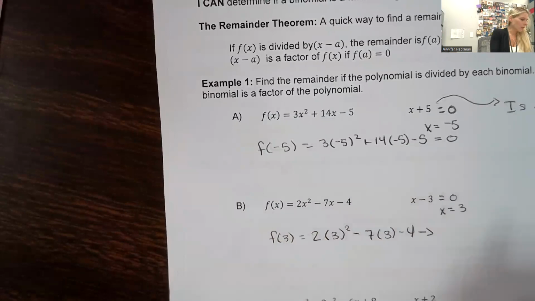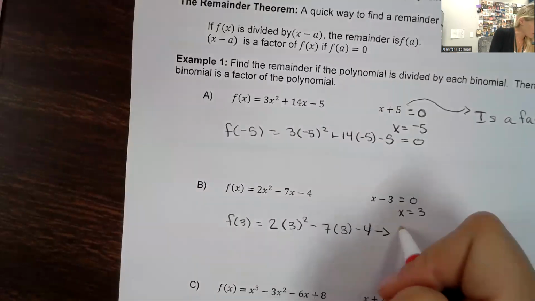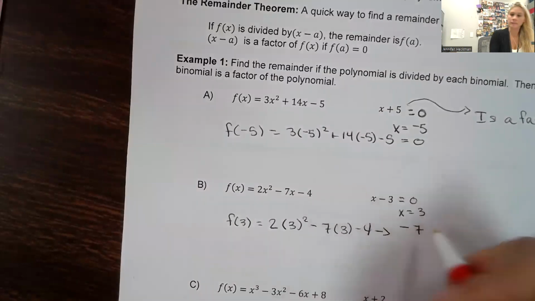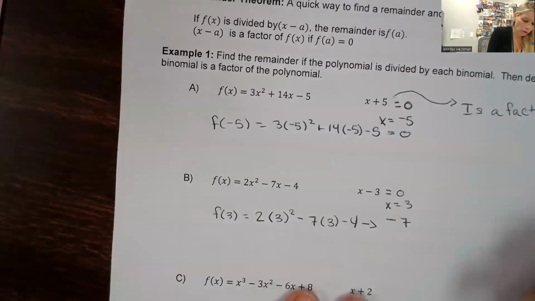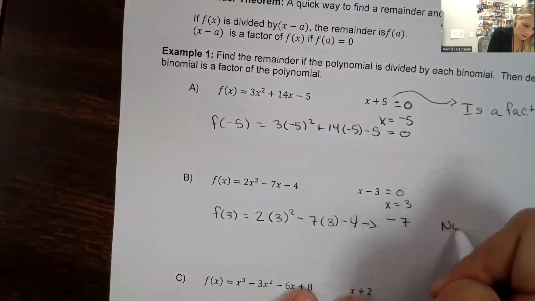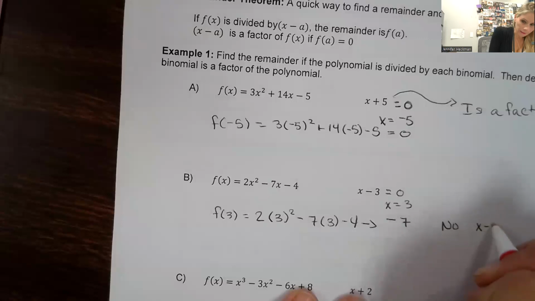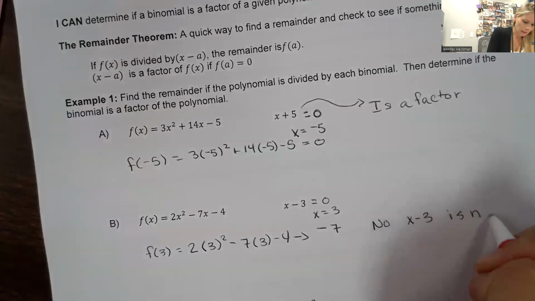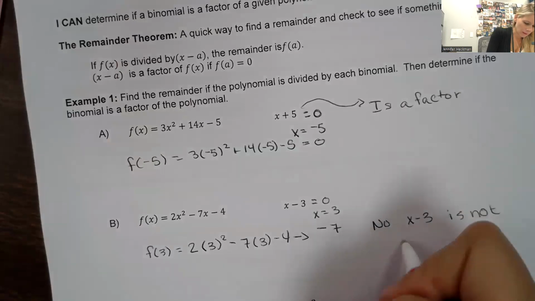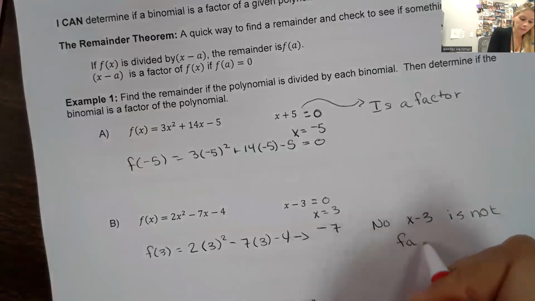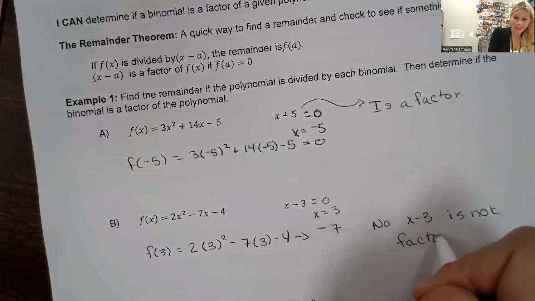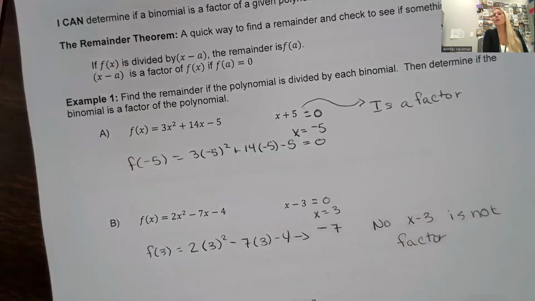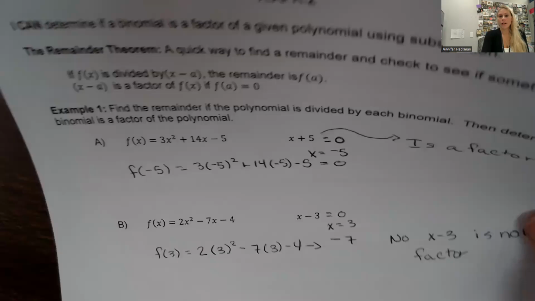And if we put that in our calculator, we end up with -7. So no, x minus 3 is not a factor. So if we did long division or synthetic for this one, it would have a remainder at the very end, okay?